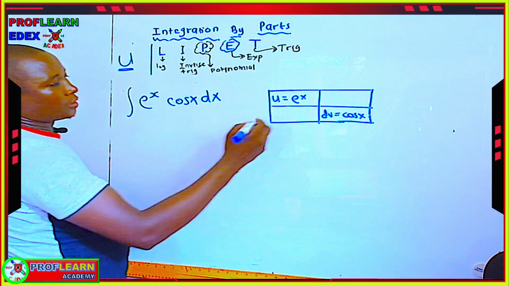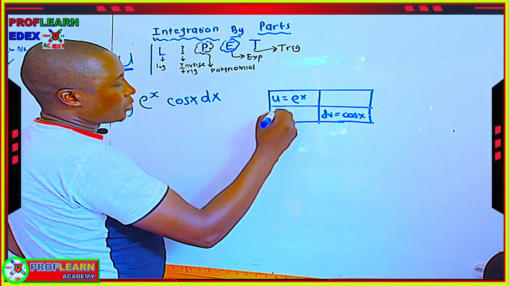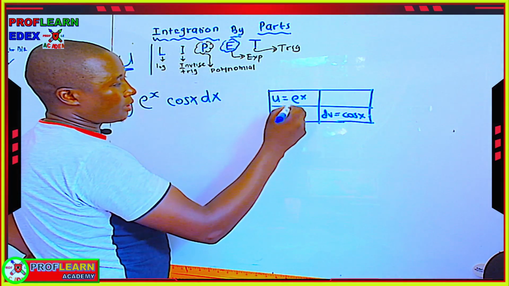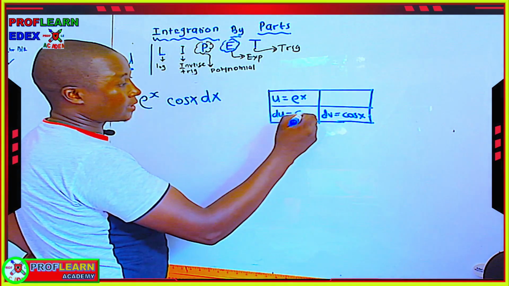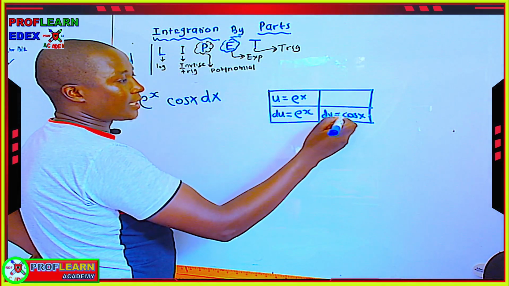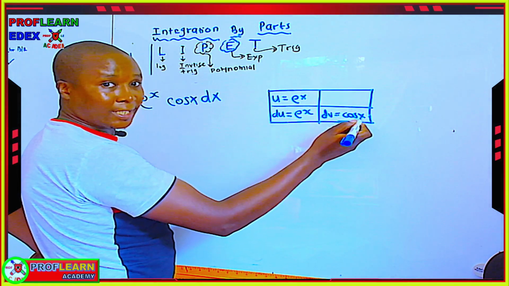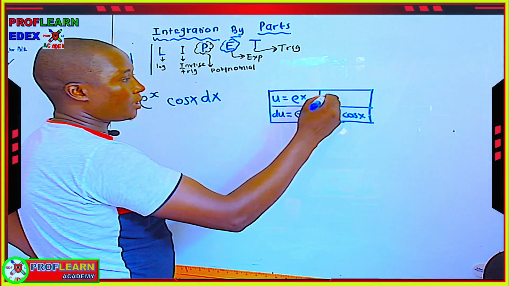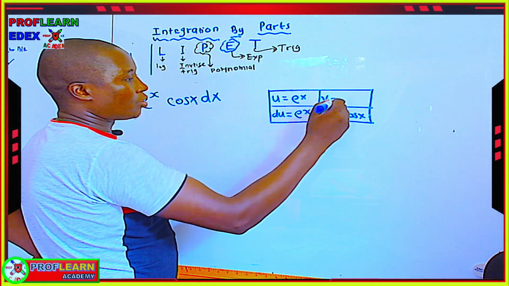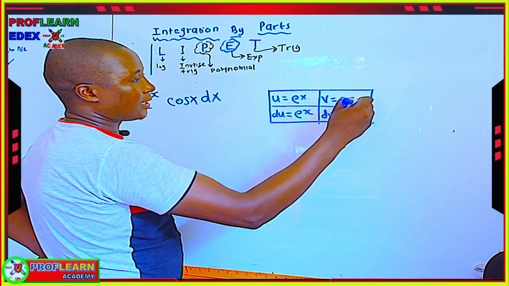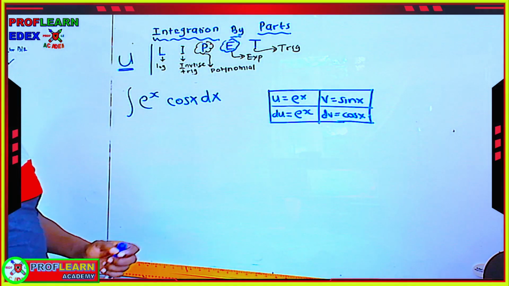Now, once we have u and dv, of course we shall find du and v. Differentiating an exponent, you get the same thing, the exponent. Integrating cos x to get sine, v is going to be equal to sin x. Then what do we say?